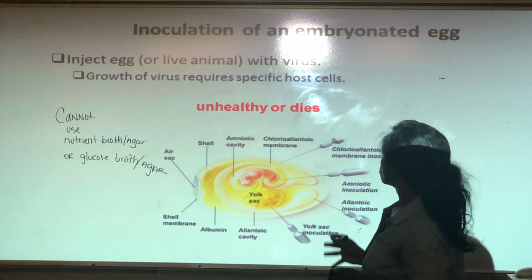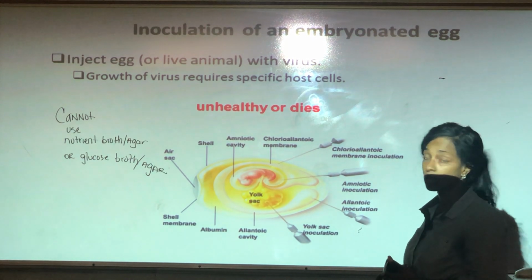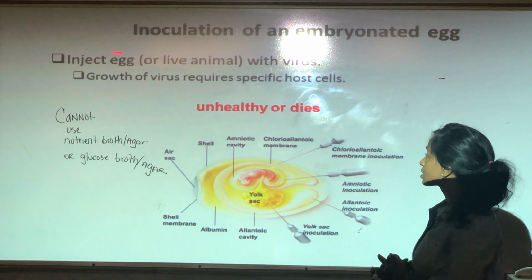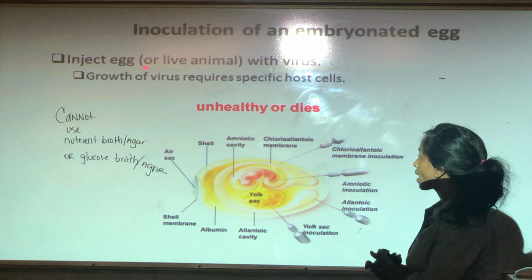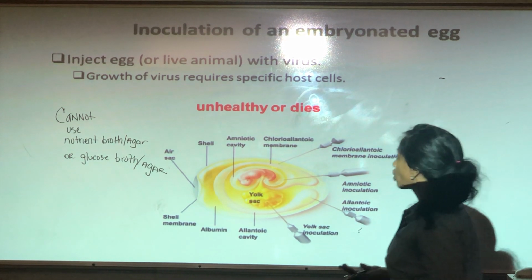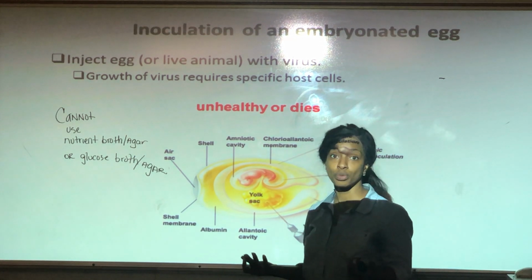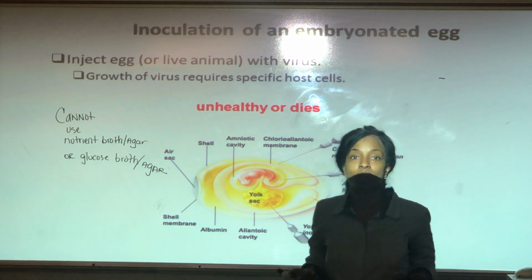So one way to do this is by growing them in an embryonated egg, right? An egg that has living cells. So we either grow it in an egg or we grow it in a live animal. And when the virus grows, what will happen to this living organism? Well, they're going to show some sort of sign that they've been infected.